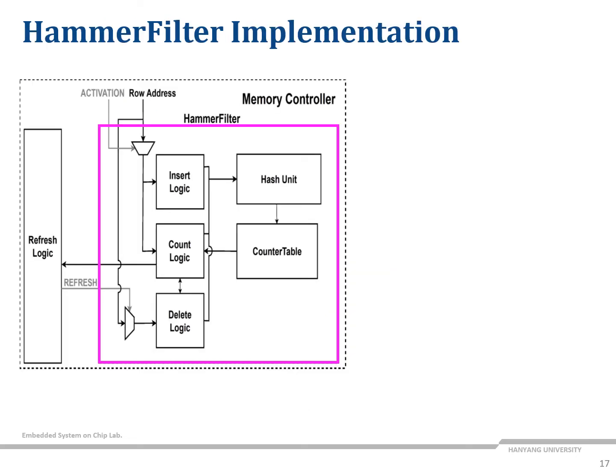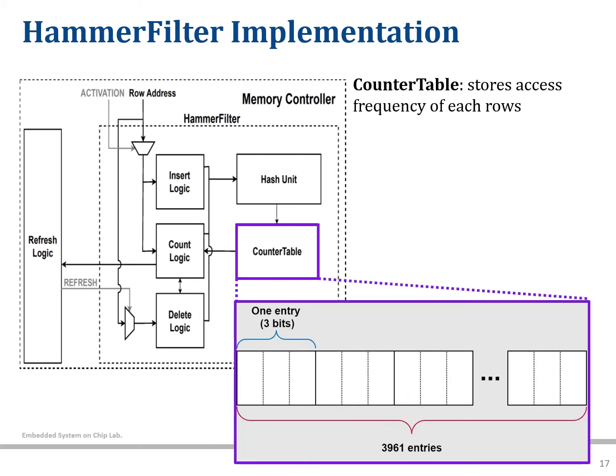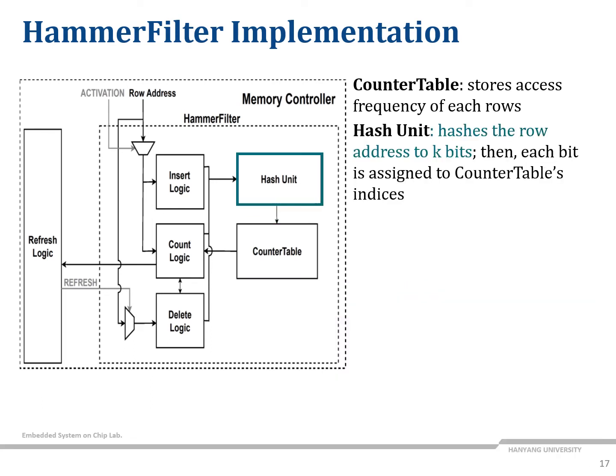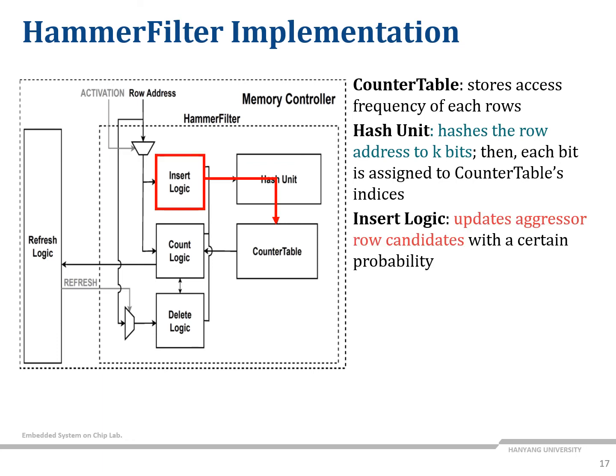I'm going to explain the HAMMERFILTER implementation. HAMMERFILTER is totally implemented in hardware in the memory controller. The counter table stores the access frequency of each row. In HAMMERFILTER, the counter table has 3,961 entries, and each entry consists of 3 bits. The hash unit hashes the given element to k bits, then each bit is assigned to the counter table's indices and added.